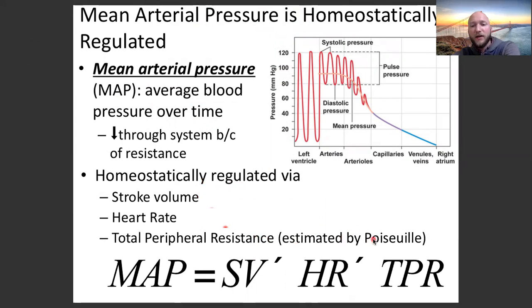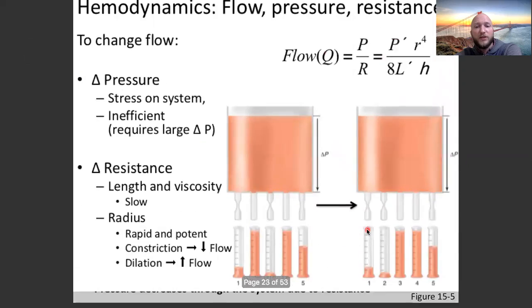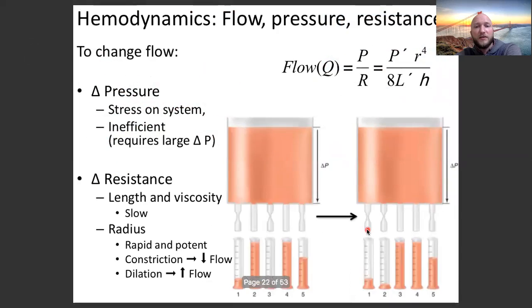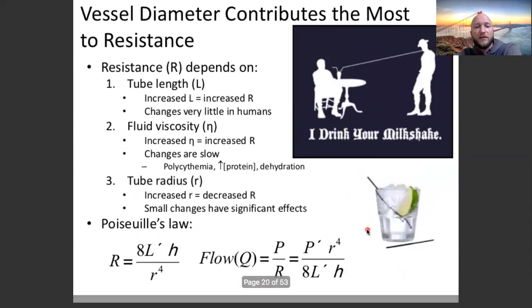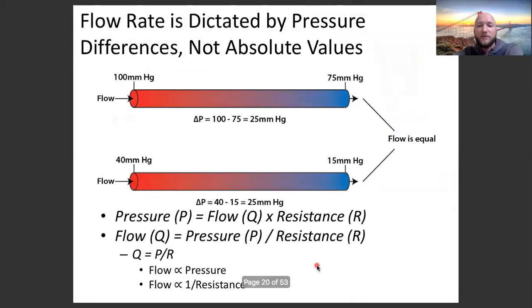TPR is estimated by Poiseuille's equation, Poiseuille's law, the resistance equation.